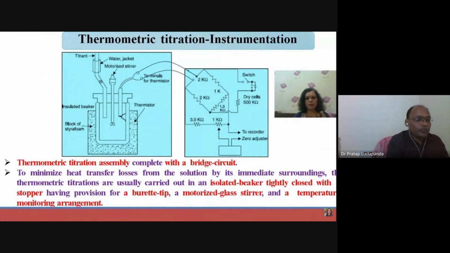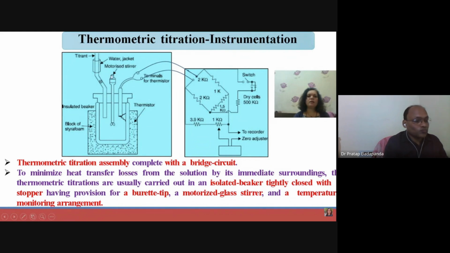This is an instrumental setup of thermometric titration, where you have this block of styrofoam, which acts as an insulator. This particular insulated beaker has been kept, which contains your analyte. This is the titrant. This particular arrangement allows you to add the titrant from the burette into the analyte.